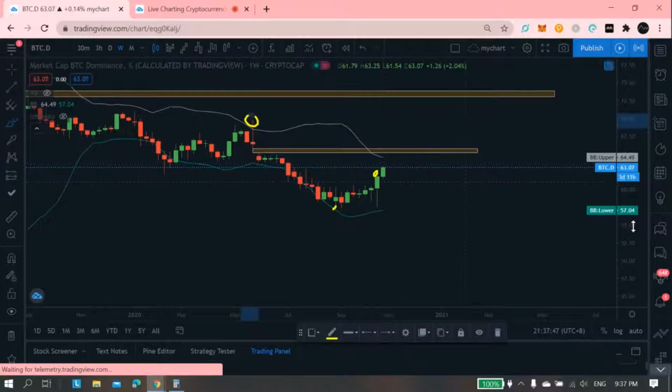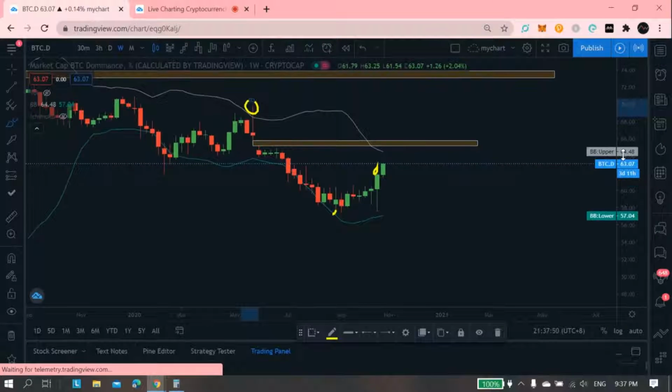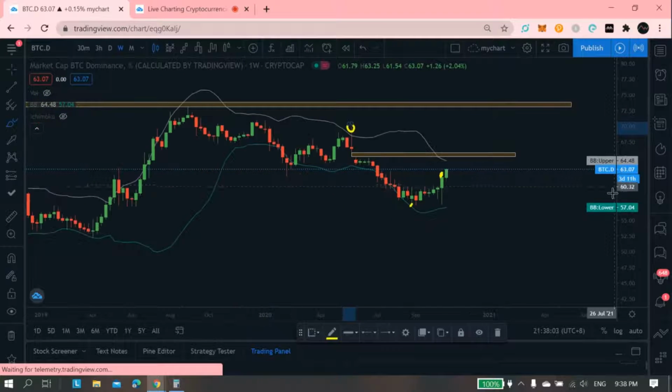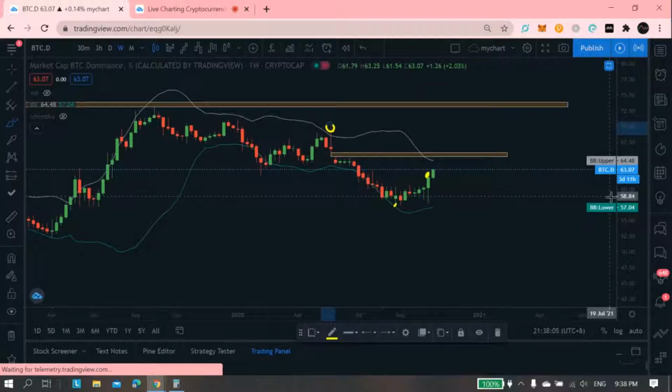The upper Bollinger Band is at 64.48, and this one is at around the 66 area. So it can possibly be filled in this area. So good luck also to my alts holdings if that happens.